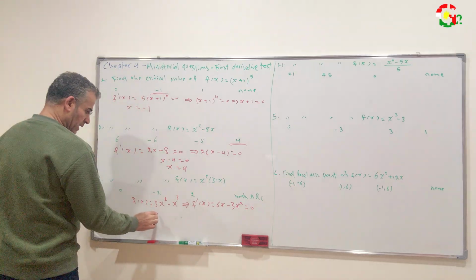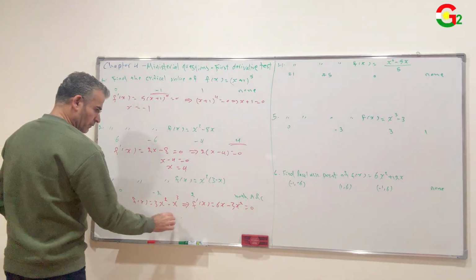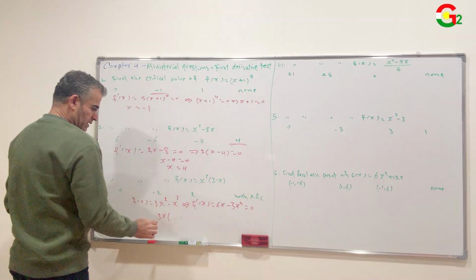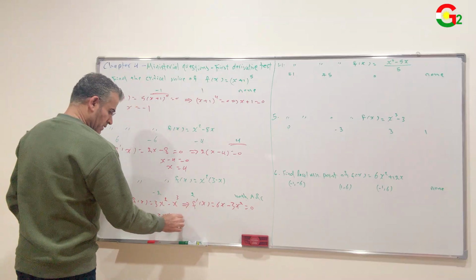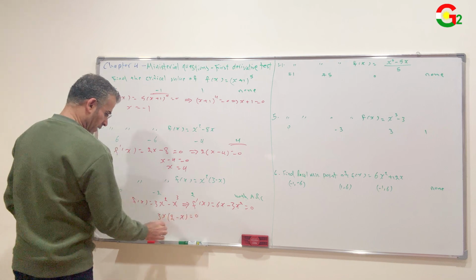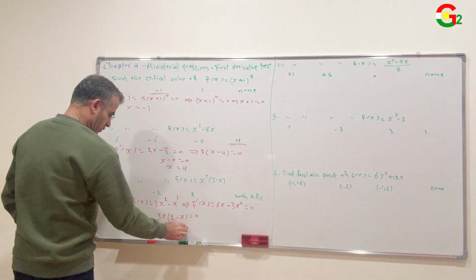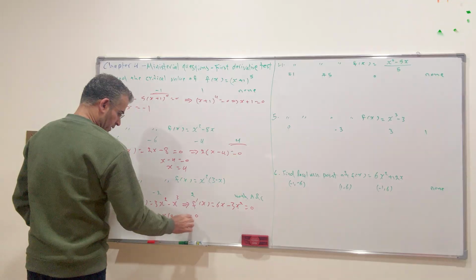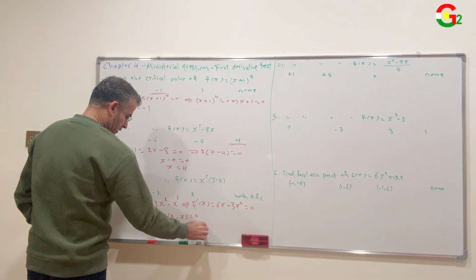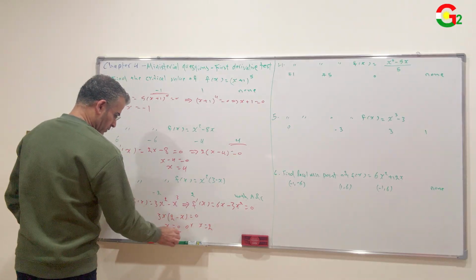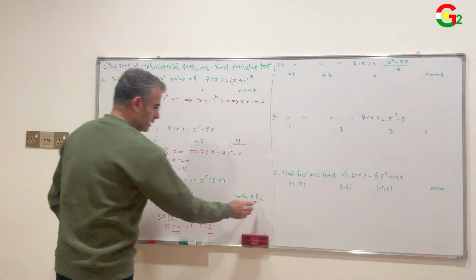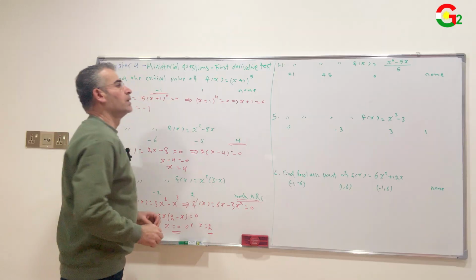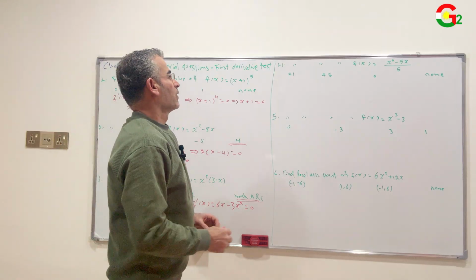Factorize by 3x. 6x divided by 3x is 2, so 2 minus x equals 0. Either x equals 0 or 2 minus x equals 0. It means x equals 2. There are two critical points, 0 and 2, both A and C. Choice D. Question number 4.